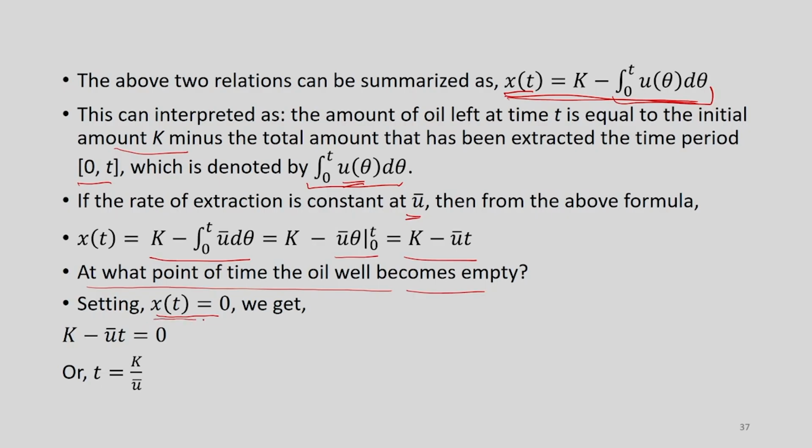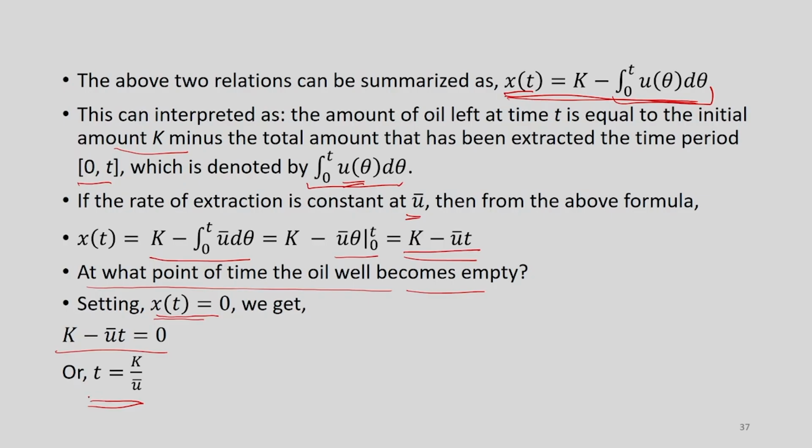That is why we are setting x(t) equal to 0, and I use this formula here. So, K minus u bar small t is equal to 0, and that is equivalent to saying that t is equal to K divided by u bar.